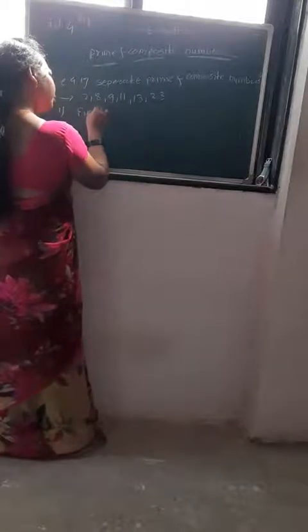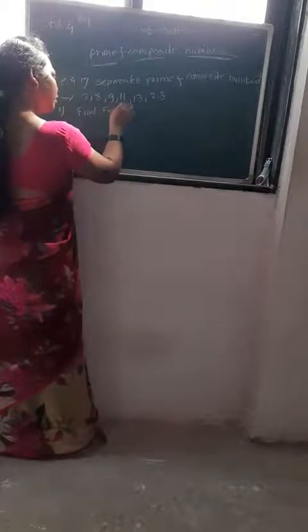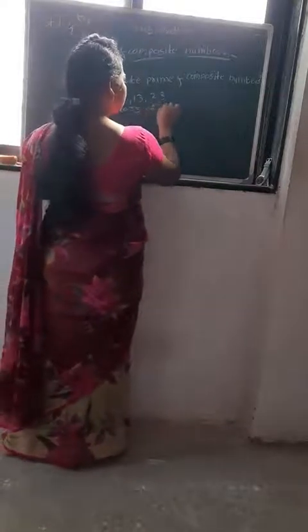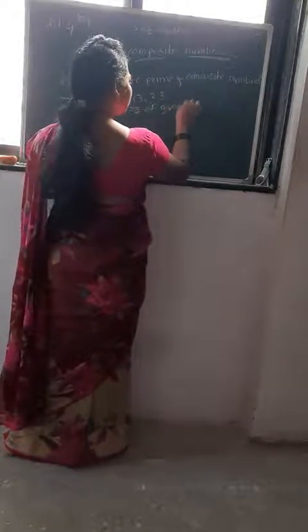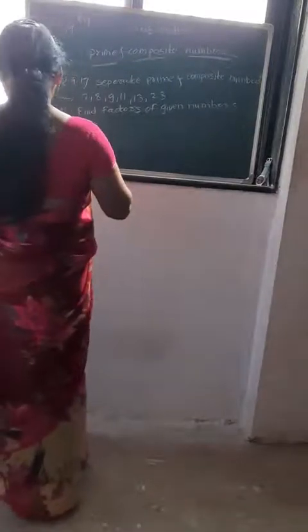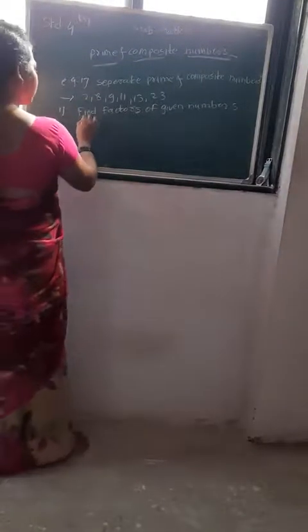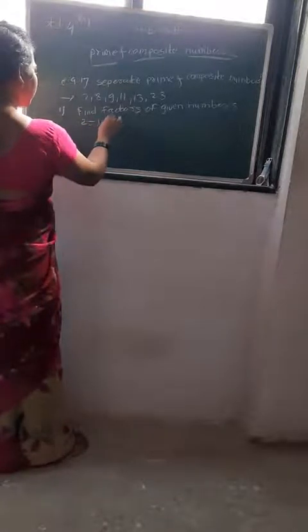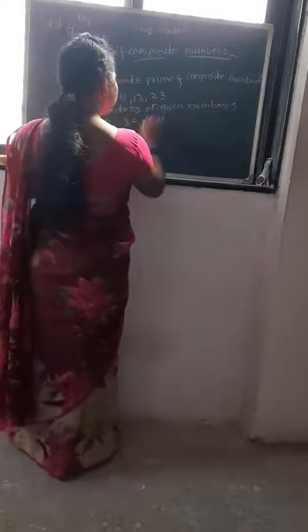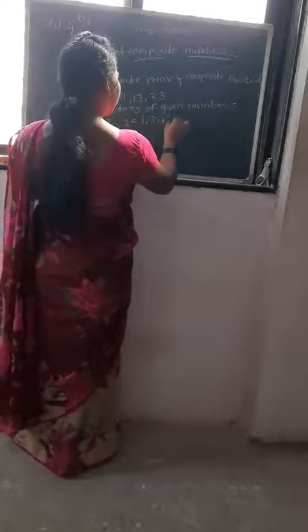Firstly, find factors of given numbers. First number is 2. Factors of 2 are 1 and 2. Second number is 8. Factors of 8 are 1, 2, 4, 8.